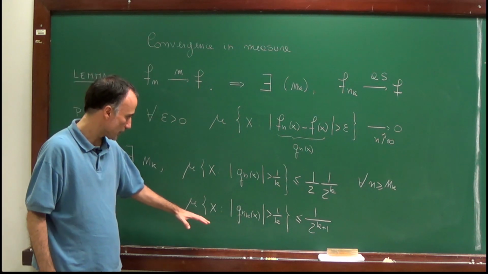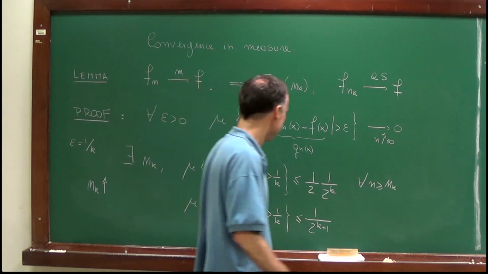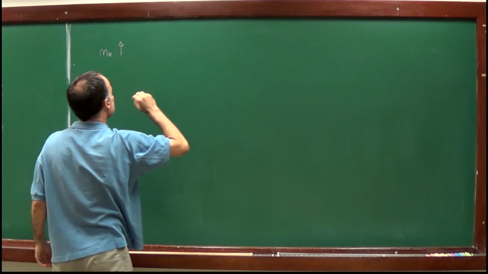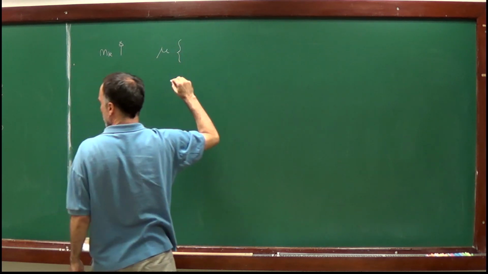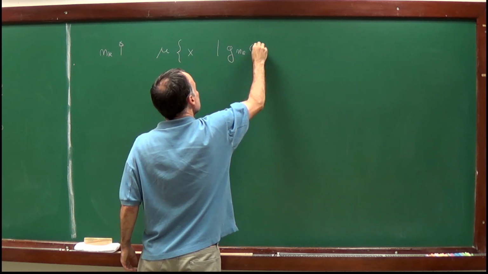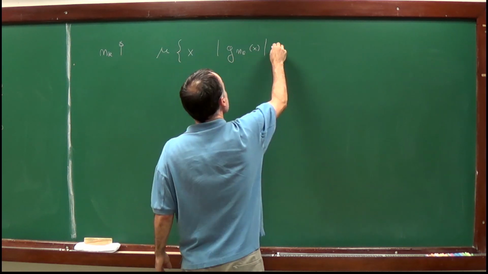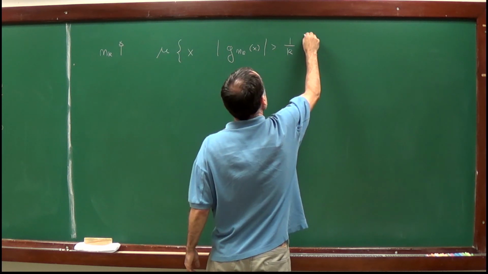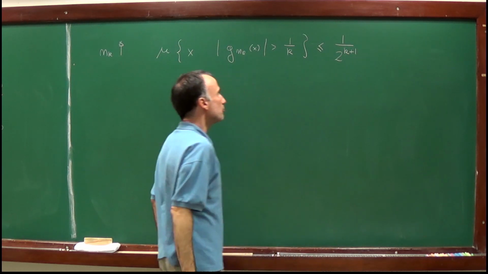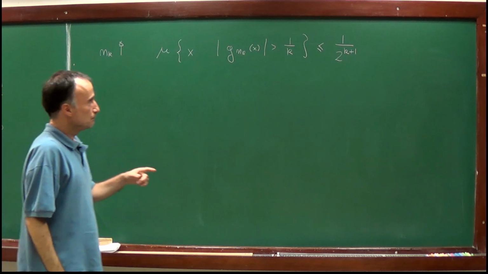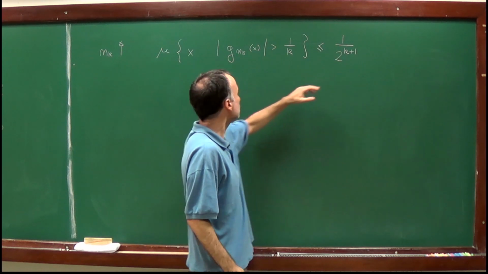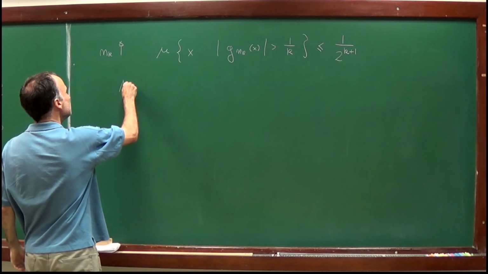So let me continue on the next blackboard. I will just repeat what I wrote here, which means that I construct a sequence nk, which is strictly increasing, and for which the measure of the points x such that G_nk(x) is larger than 1 over k is bounded by 1 divided by 2 to the power k plus 1. I chose 2 to the power k plus 1 just to get now the union.